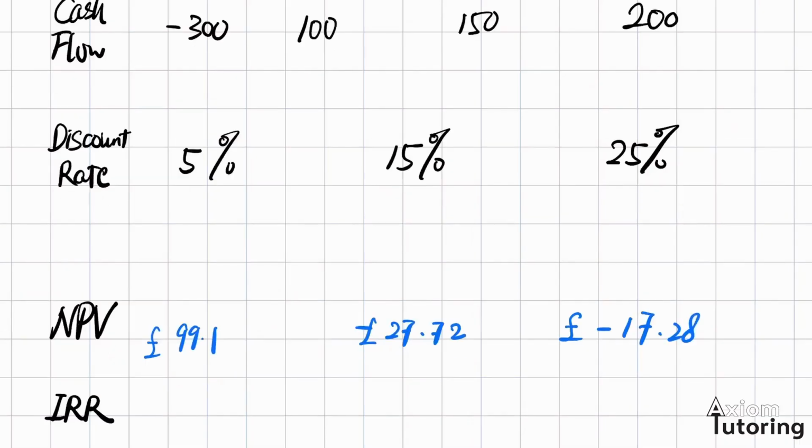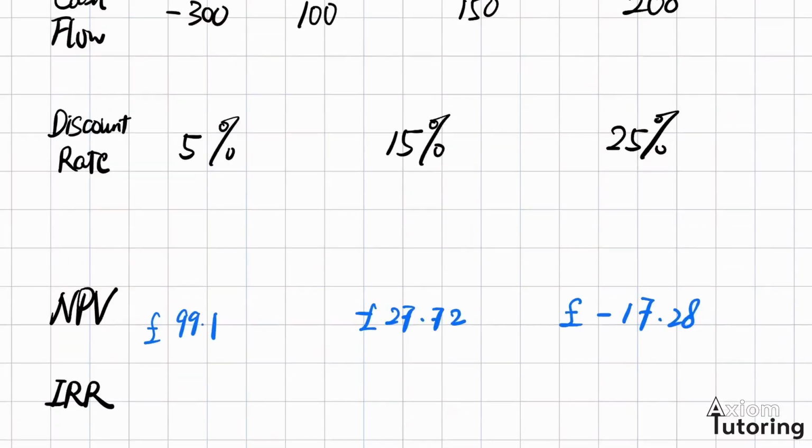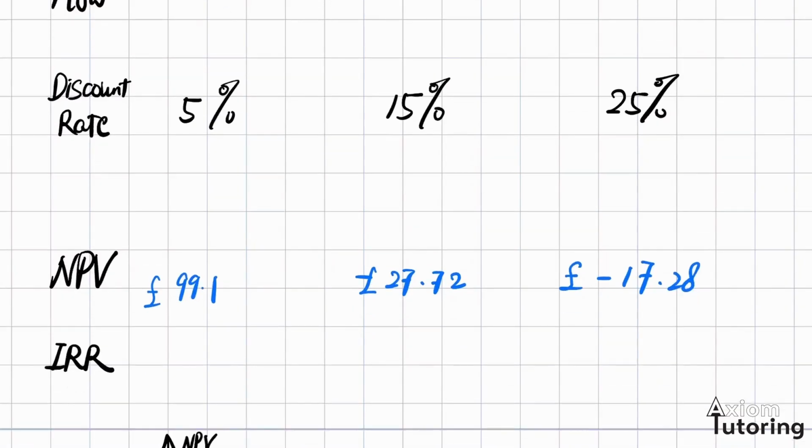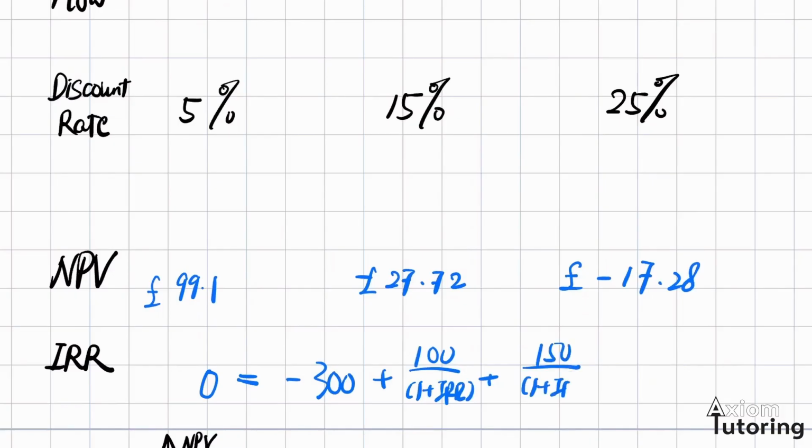So how do we get the exact number, or the discount rate, here? We could write out the equation. So 0, which is our NPV, must be equal to minus 300 plus 100 divided by 1 plus IRR, plus 150 divided by 1 plus IRR to the power of 2, plus 200 divided by 1 plus IRR to the power of 3.